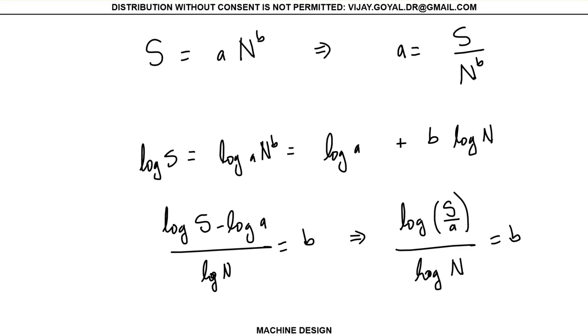Now, for plotting purposes, what we typically have is two points, S1 and S2, on the same plot, same material.